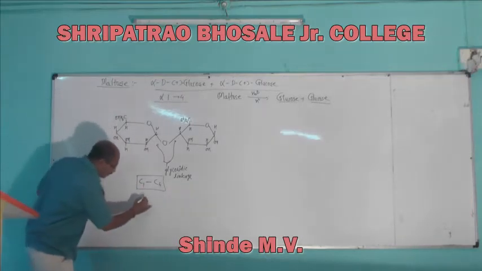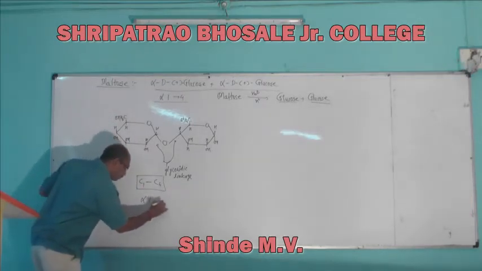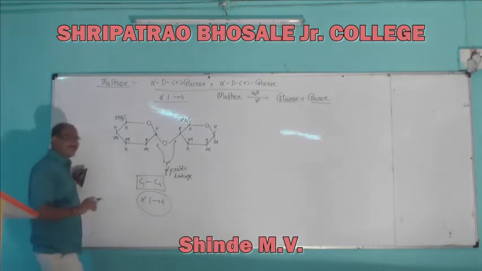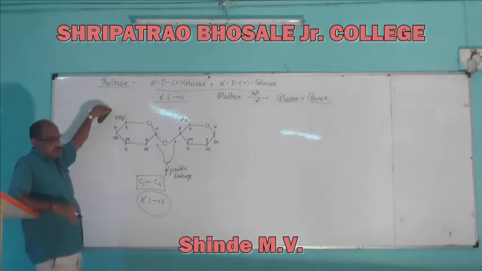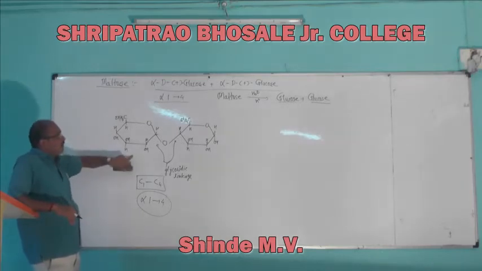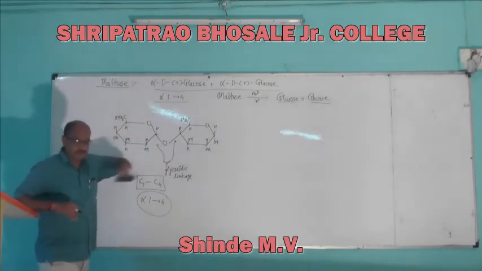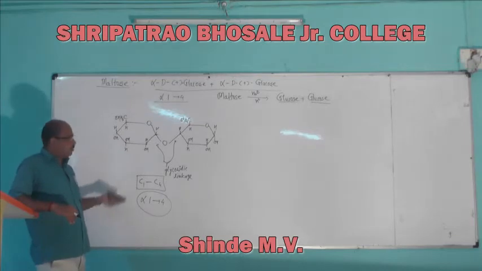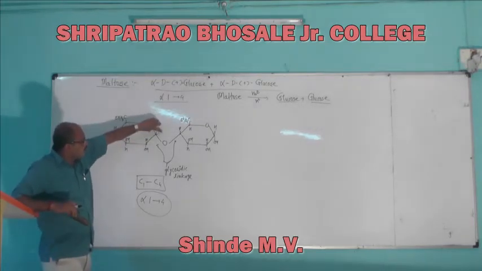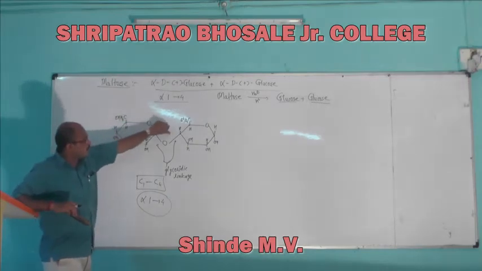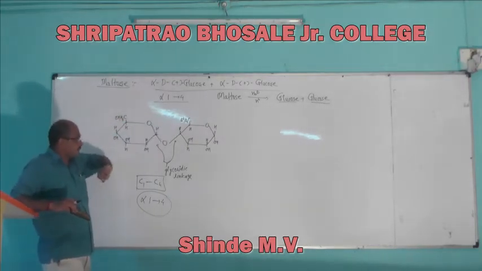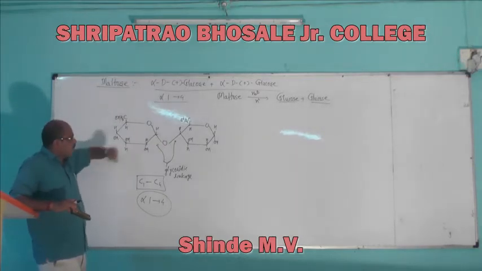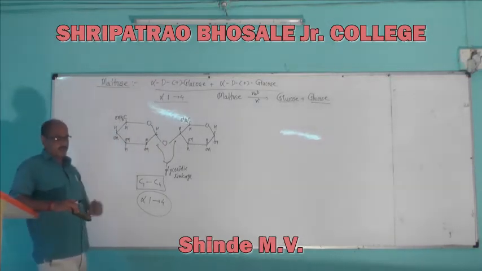It means we have an alpha 1 to 4 glycosidic linkage in the maltose molecule. Alpha D glucose and alpha D glucose are joined with each other by a glycosidic linkage from C1 of one monosaccharide to C4 of the other, forming the maltose disaccharide.